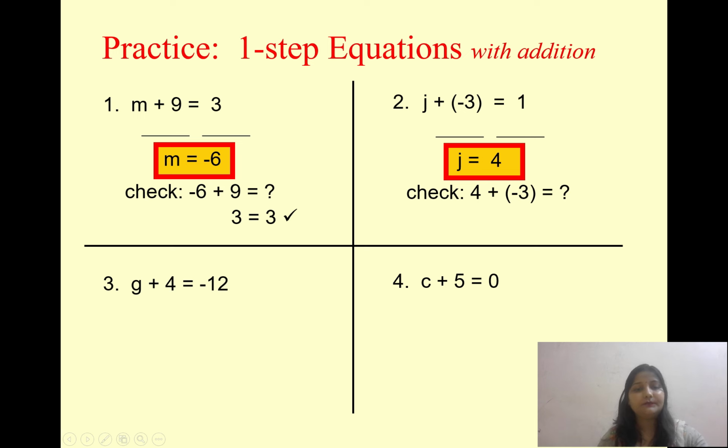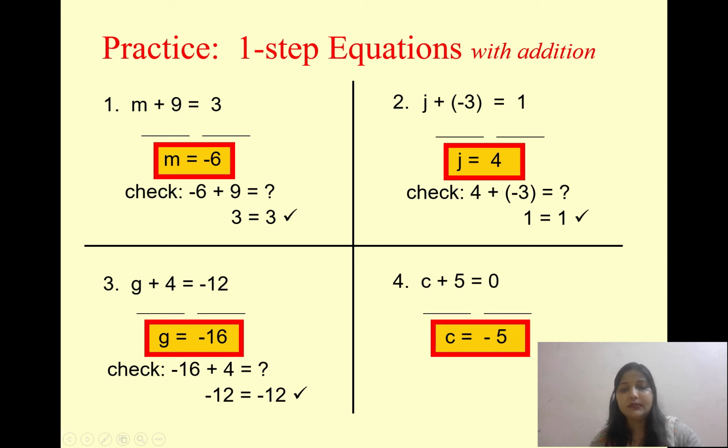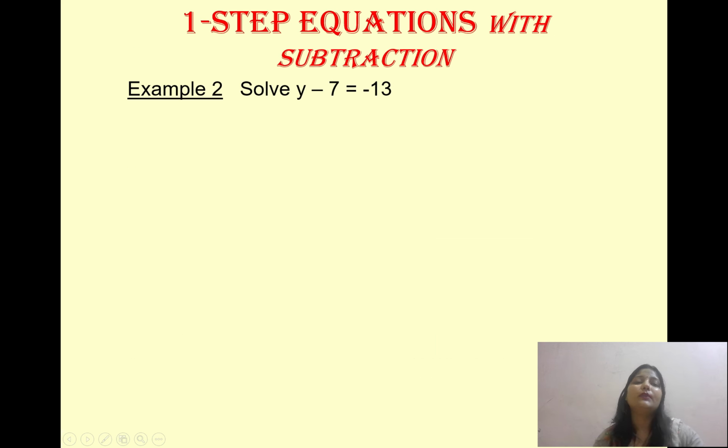Here, to get the answer for g, subtract 4 from both sides. You will get g equals minus 16. Here the same process to check the answer. What will be the answer for c? c equals minus 5. You can check it by putting the value on both sides.